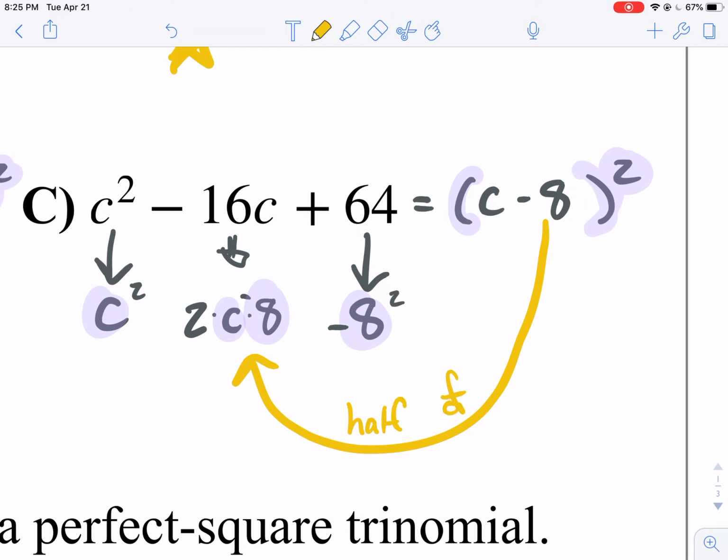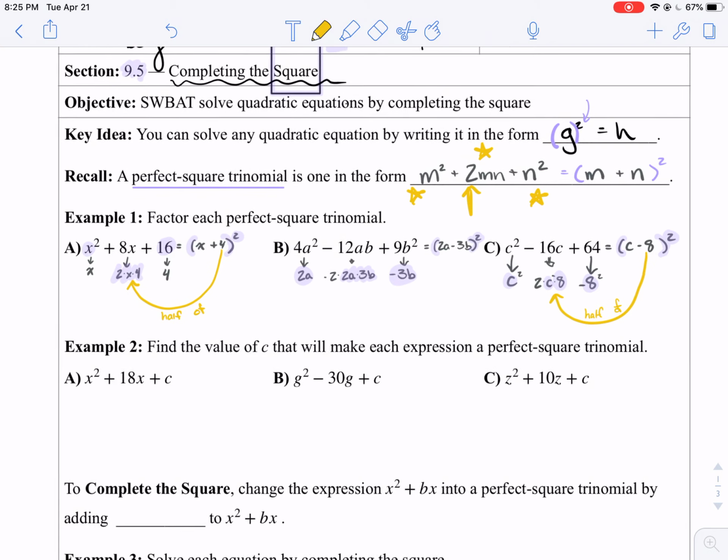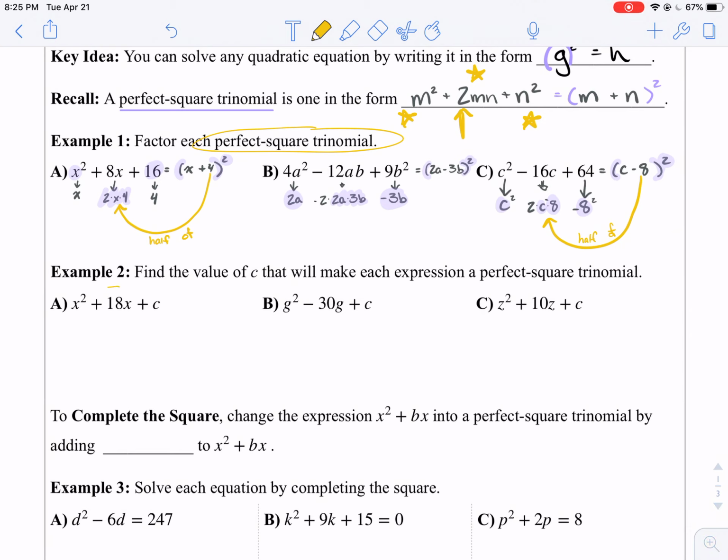Now that we've looked at that pattern, we're going to mess with it a little bit. In example 1, you were given the whole perfect square trinomial. But here, in example 2, you only have 2 terms, and you need to find out what C is going to be to make this a perfect square. Well, let's use this half of trick to help us out.